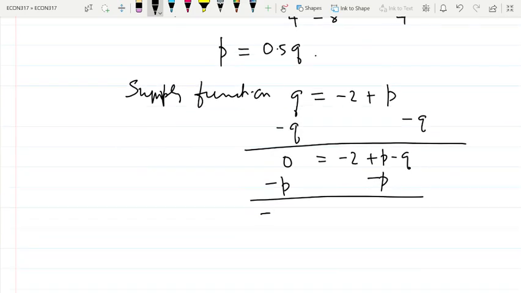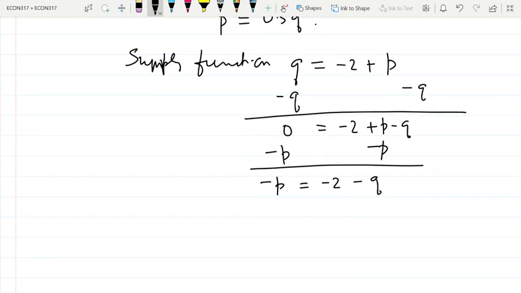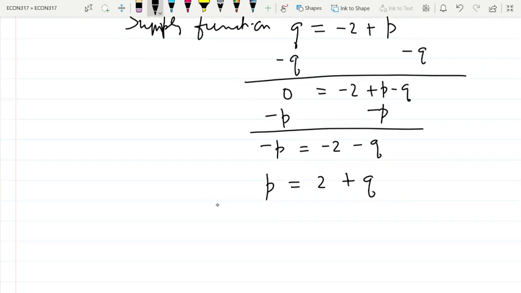So I have negative P here, negative 2, negative Q. Now you can see we have a negative sign on each term on both sides, so maybe we multiply both sides by negative 1 to obtain P equal to 2 plus Q. So this is the inverse supply function.